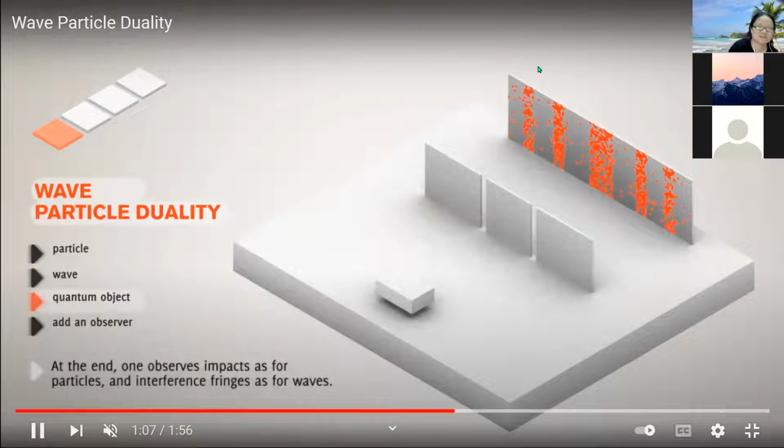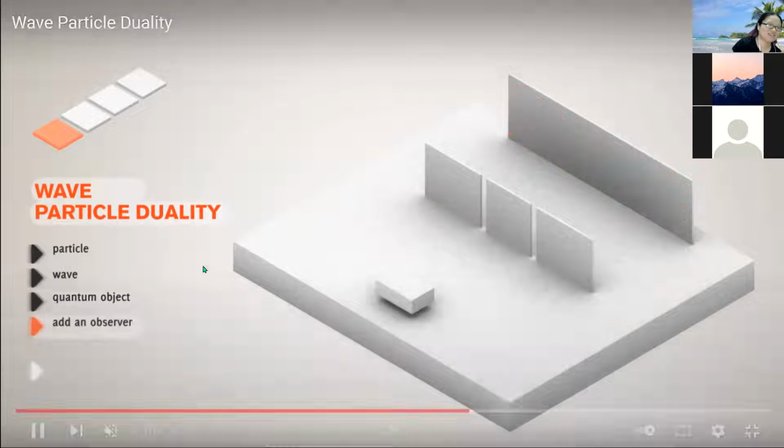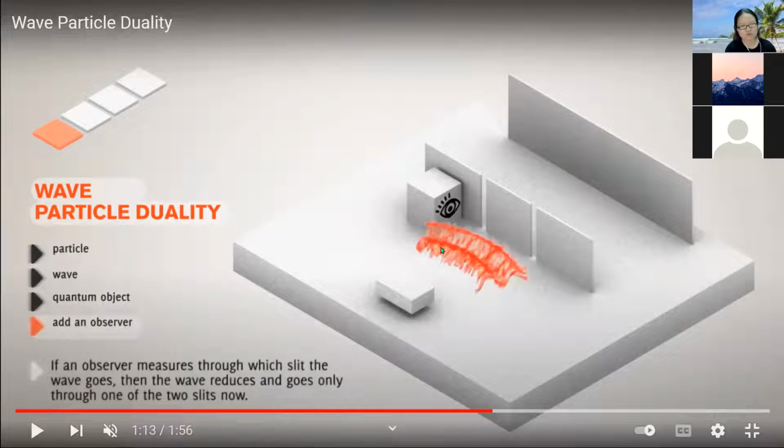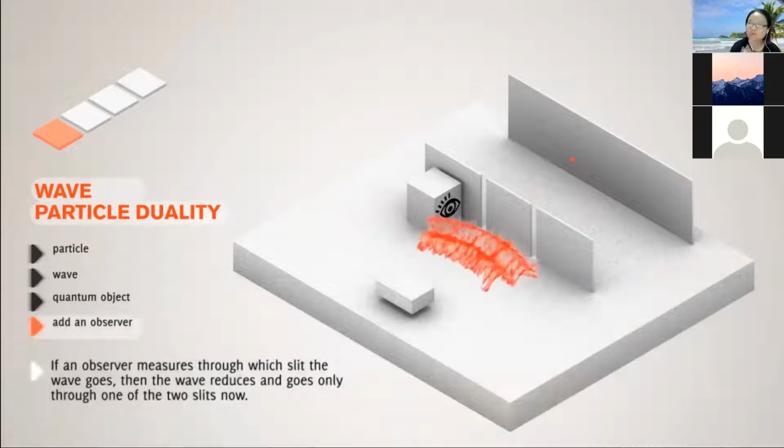But the strange thing that happens is when you add an observer here, you go and look at it. Why does the electron behave so weirdly? When you look at the electron, the electron will behave like a particle. It will lose its wave property. Now, why is that? We don't know.